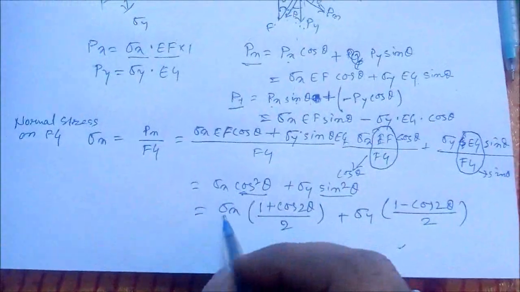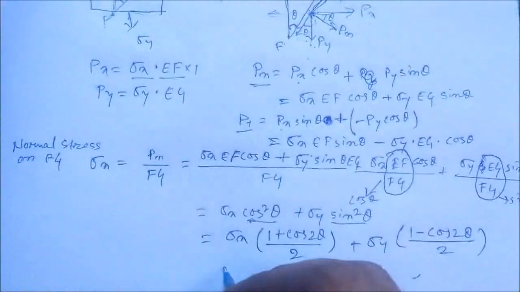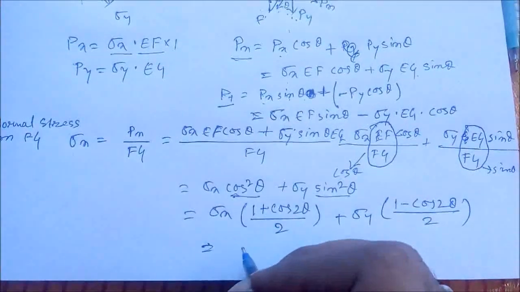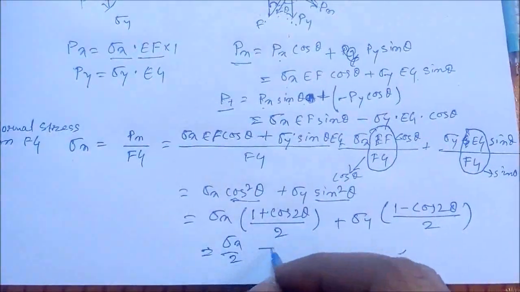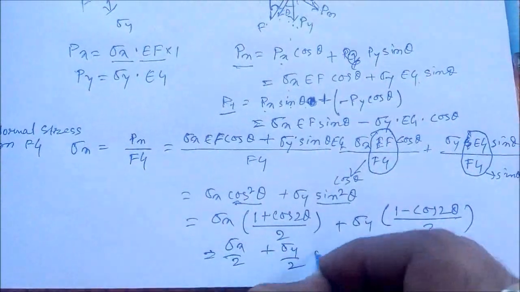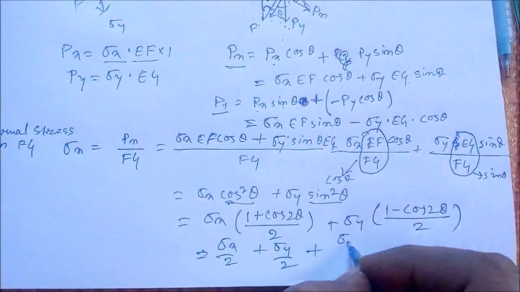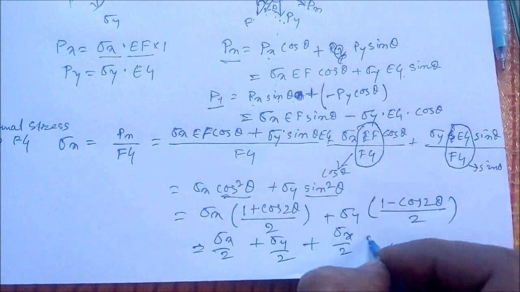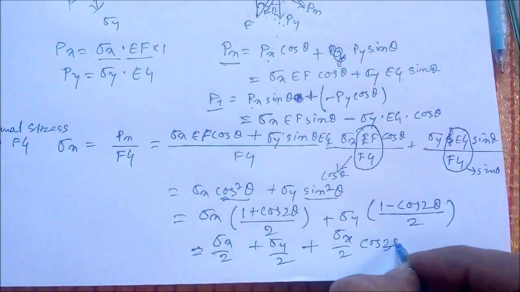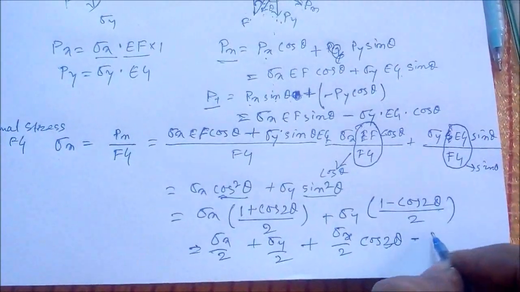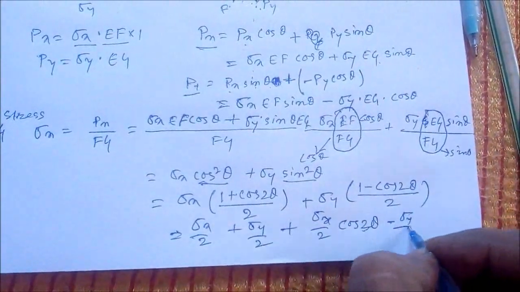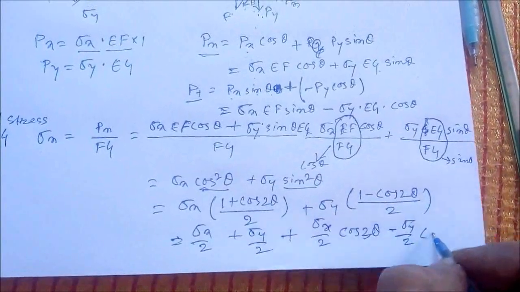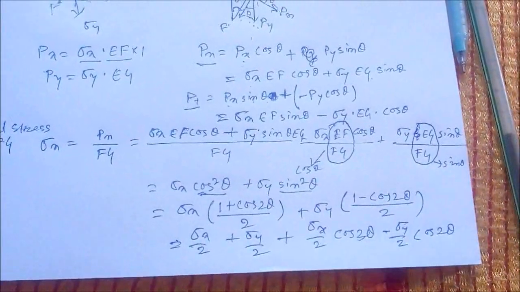Now if we simplify this, this will be sigma x by 2 plus sigma y by 2 plus sigma x by 2 cos 2 theta minus sigma y by 2 cos 2 theta, right?